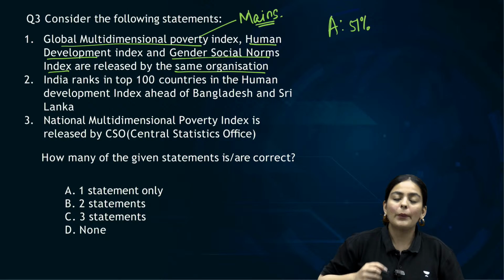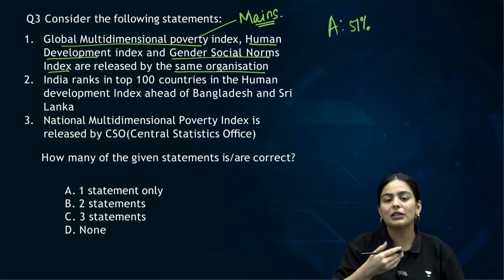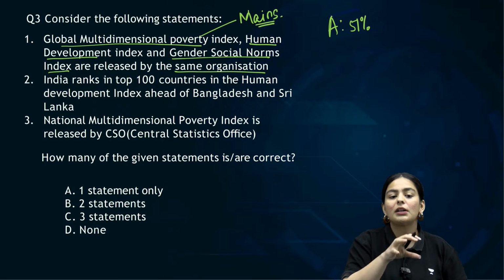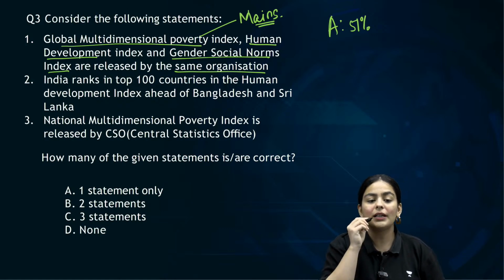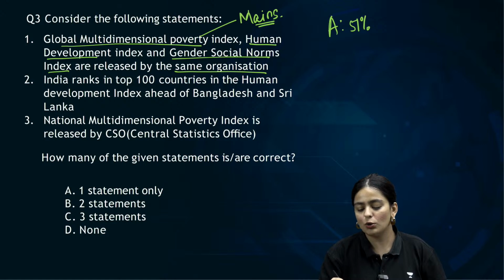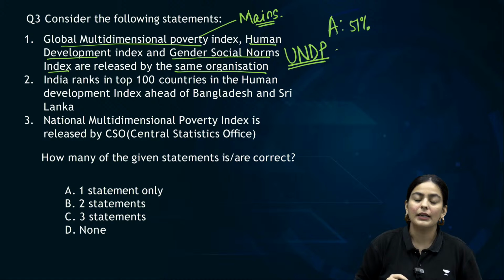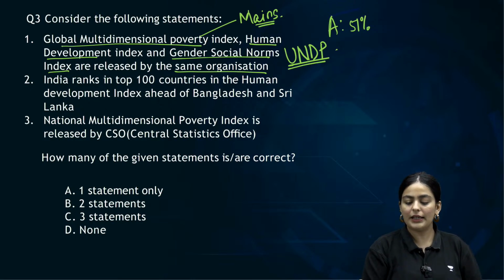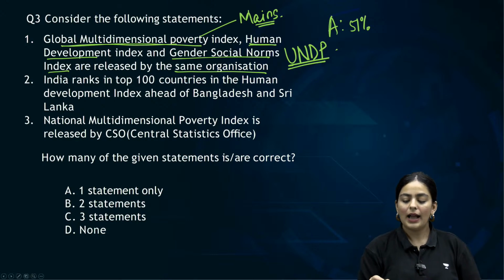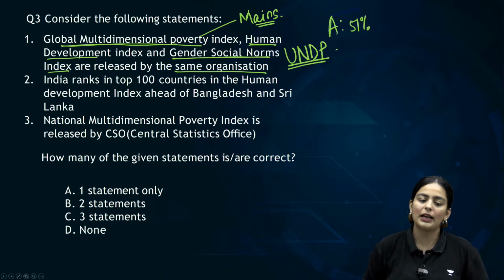Is this true? There was a reason that I clubbed these reports together. Now it will be easy for you to remember that they are released by the same organization, which is UNDP. Absolutely correct.